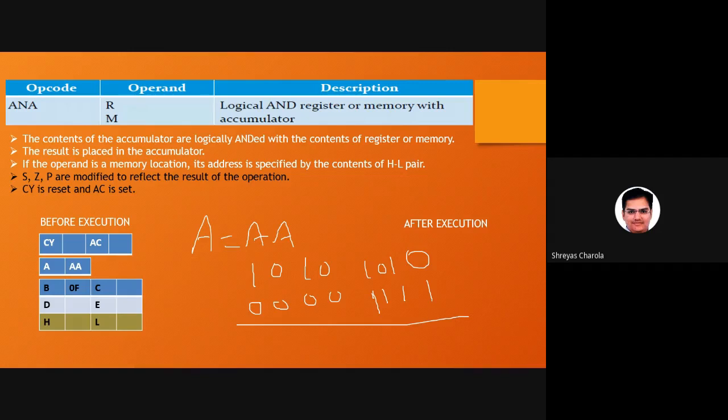Simple AND operation. I think everyone knows about the AND gate. Isha, Jay, Rutvi, Yash, Daksh. What should be the content in the accumulator after performing this?